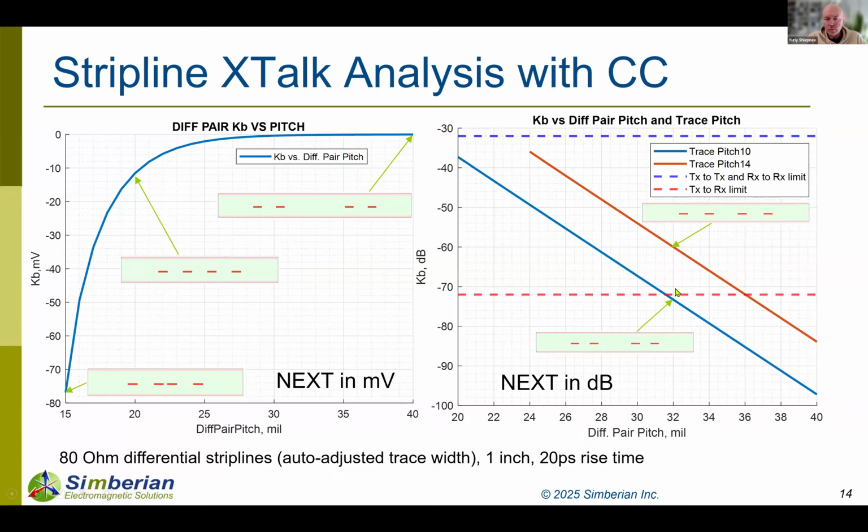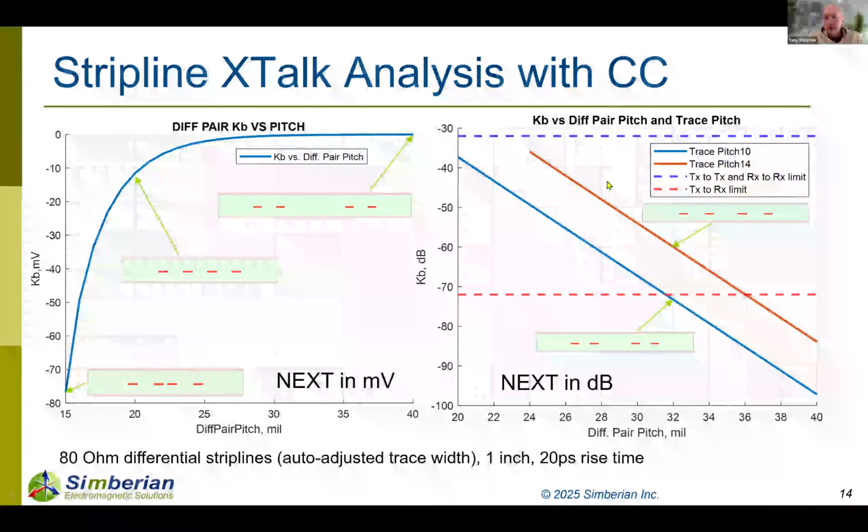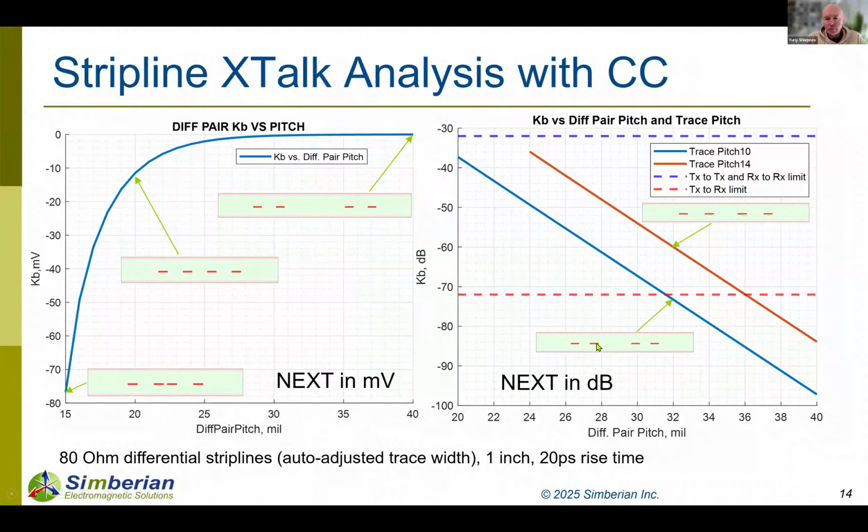In this case, it's minus 72 dB, for instance, for strip lines. Distance between traces is defined by the differential impedance, and then we change pitch between the differential pairs, and we can see that the crosstalk goes down. And if distance between traces is smaller, then crosstalk is smaller. It drops quicker.